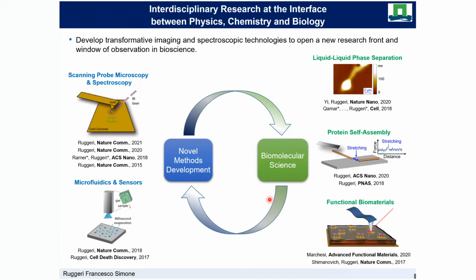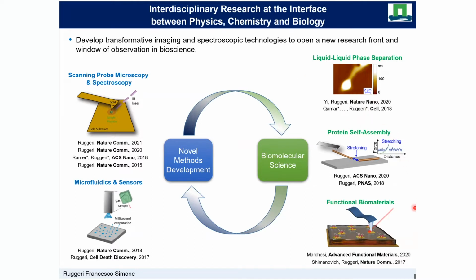So in our laboratory here in Wageningen, we develop scanning probe microscopy methods, also combined with spectroscopy, as well as using microfluidics and sensors in order to study biomolecular processes. One of the fundamental biomolecular processes we are interested in is the phenomenon of protein self-assembly, which is also related to a phenomenon we will see later called liquid-liquid phase separation, which is fundamental for cell function.